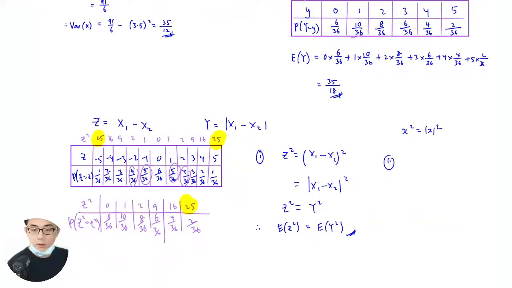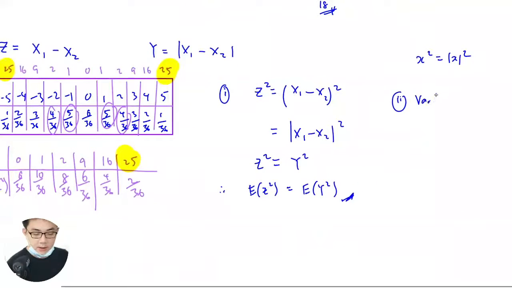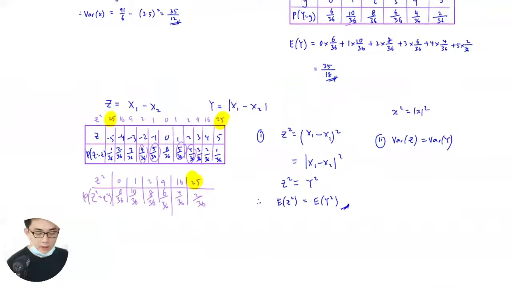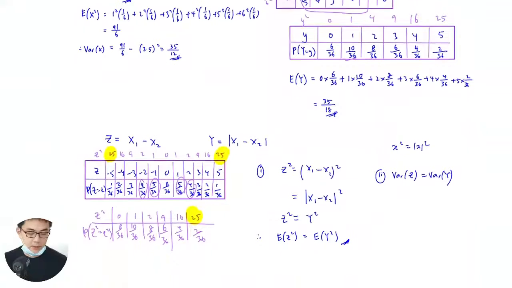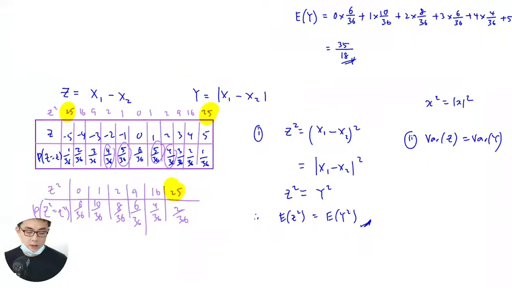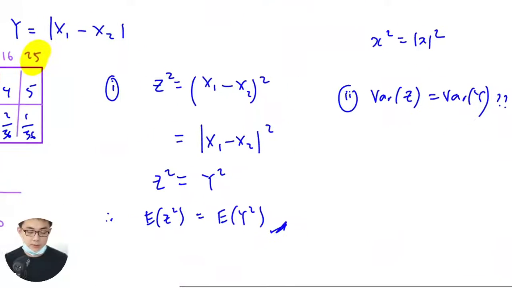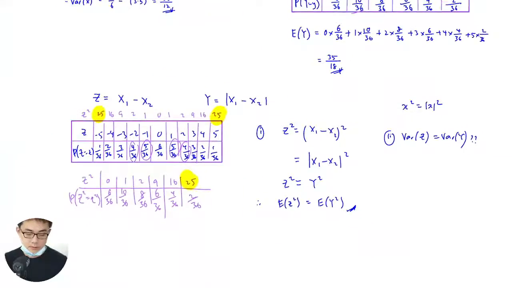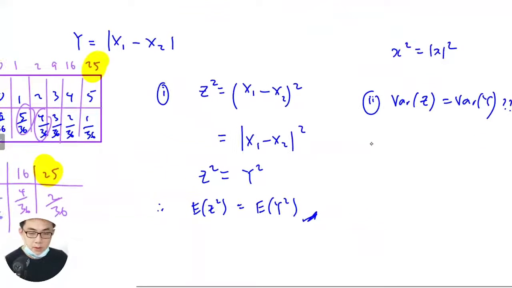For part 2, variance Z and variance Y, you will get different values, right? Is variance Z equal to variance Y? How do you show it? A student asks: shouldn't it be lesser probability than Z squared, I thought?